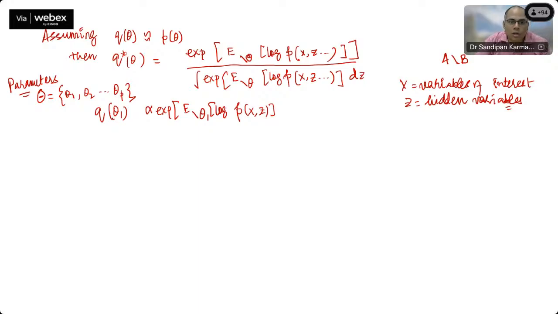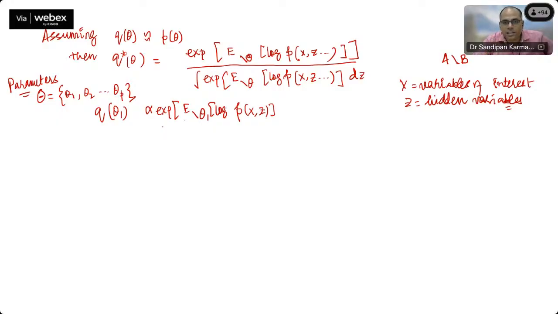Okay, so q theta 1 is proportional to exponential of expectation of set difference theta 1. Okay, so whenever we are finding the posterior for theta 1, then theta 1 will be differenced, or you can say theta 1 will be taken out, and the rest of the variables will be there.